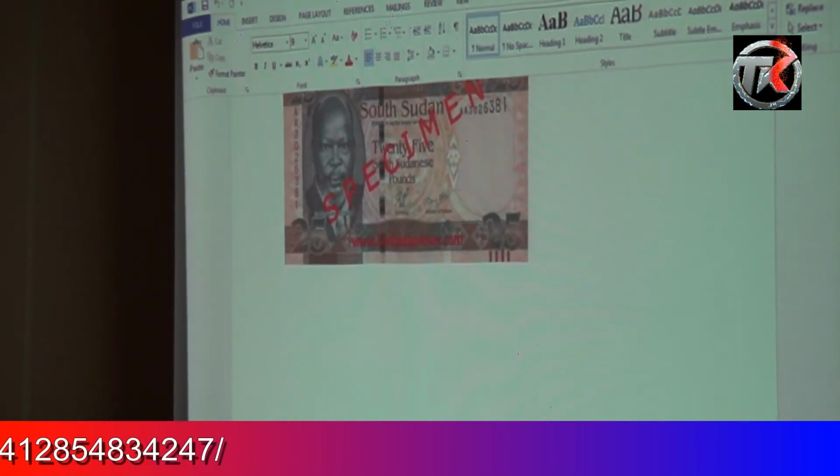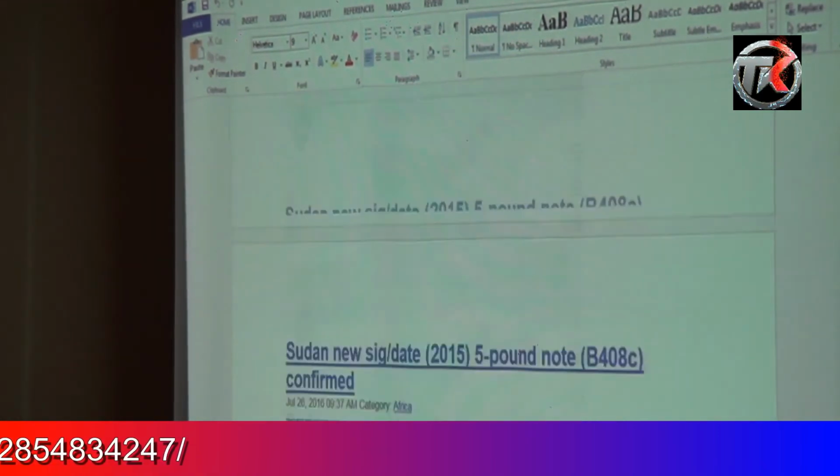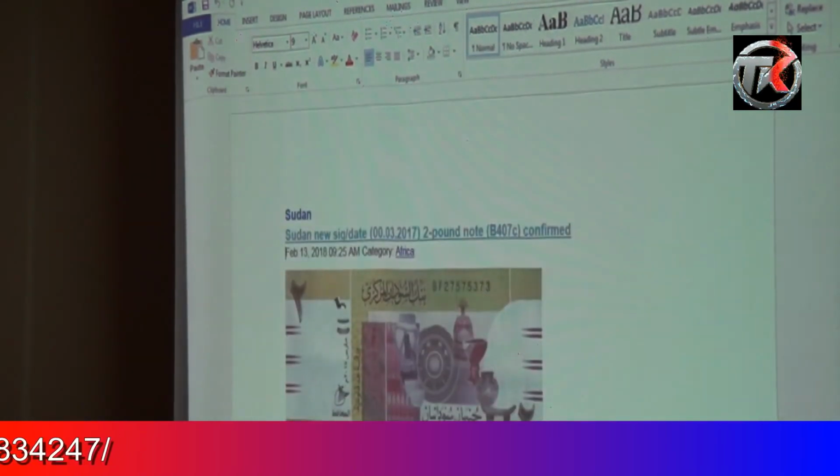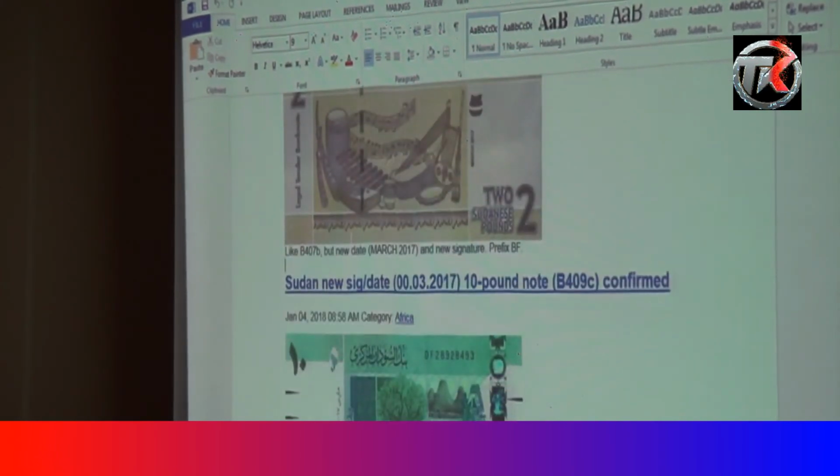So instead of going through all those, I go to the present one. This is the last currency that Sudan has. It was printed in 2017. Last year.